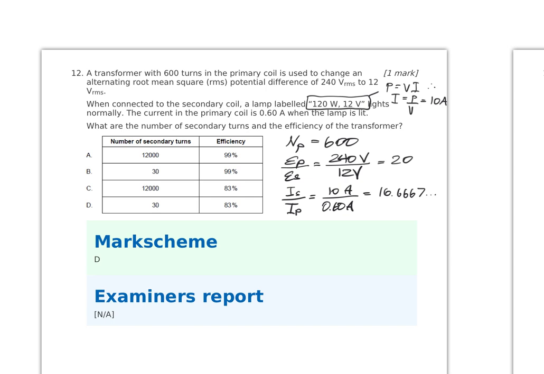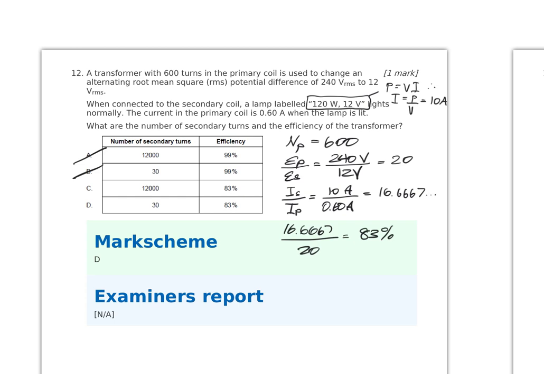If it was an ideal transformer, that ratio would also be 20, but it's not. So the efficiency, if I do 16 and 2/3 divided by 20, I wind up with 83% efficiency. So not 99% efficiency, but 83% efficiency.